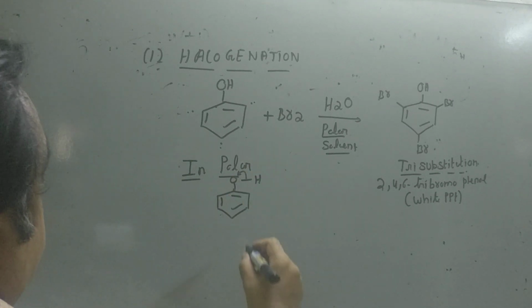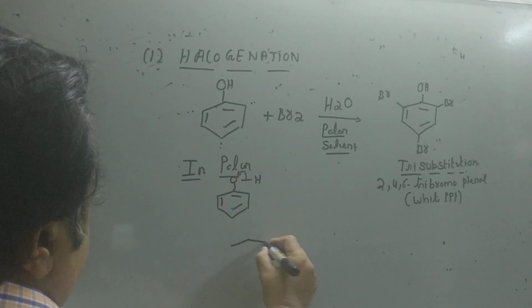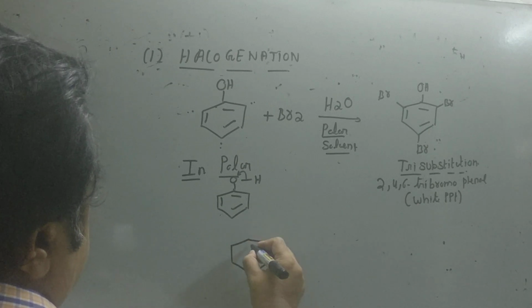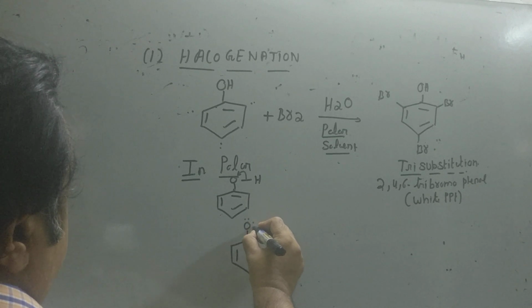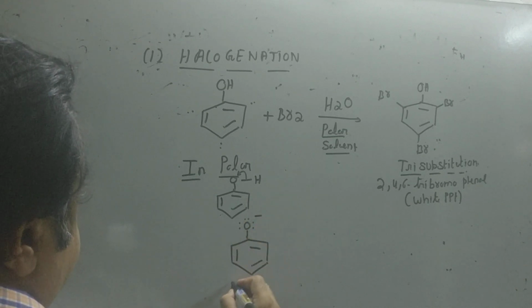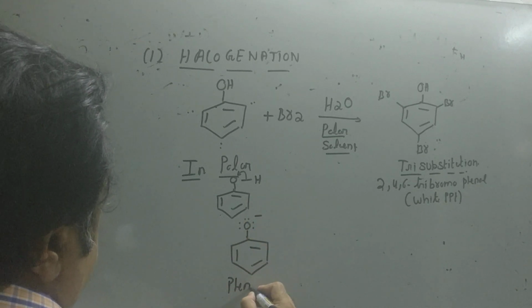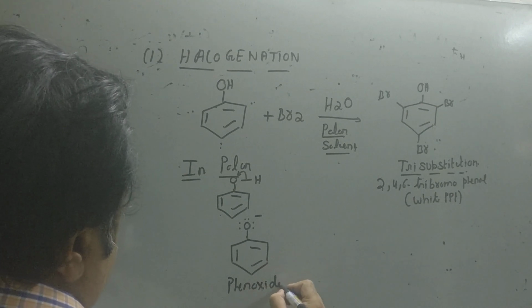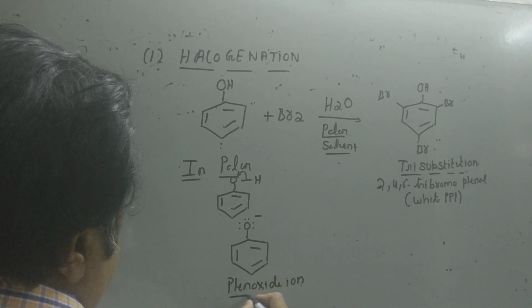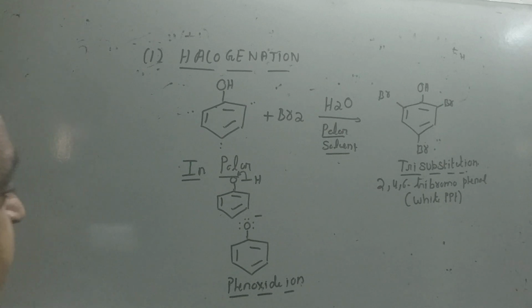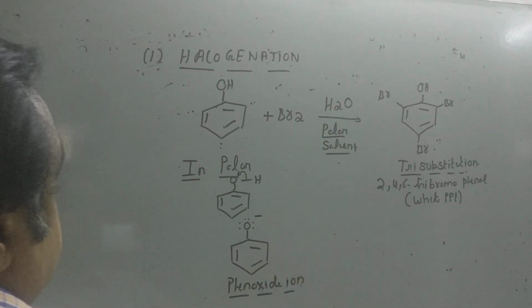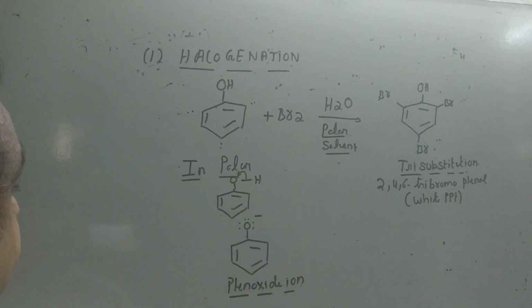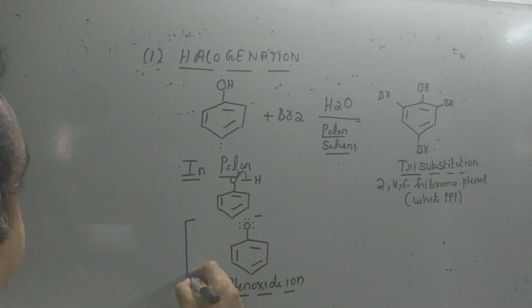So in the case of a polar solvent, phenol will be present as the phenoxide ion. It won't be present in the unionized form, it doesn't exist as phenol, but it is present in the ionized form, that is the phenoxide ion. It occurs as a phenoxide ion in the presence of water, which helps in the ionization of the polar OH bond. So in water, phenol exists as a phenoxide ion.